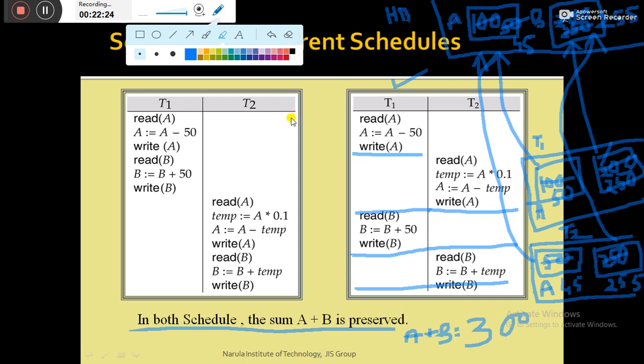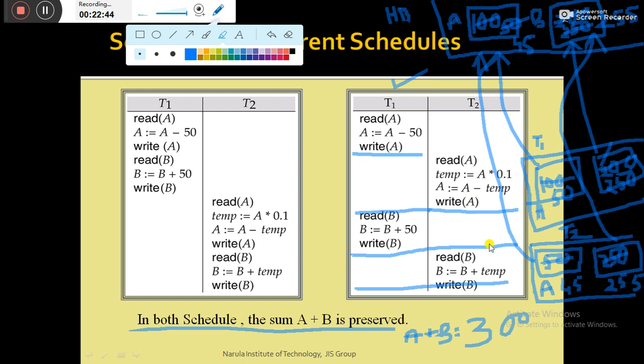But it is not always possible that concurrent execution of transactions leads to a consistent state. In many cases, it has been seen that concurrent execution of transactions leaves the database in an inconsistent state.